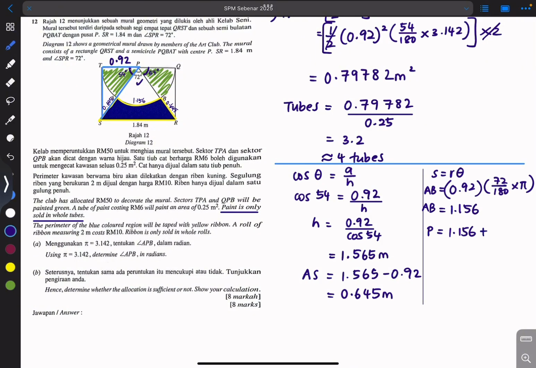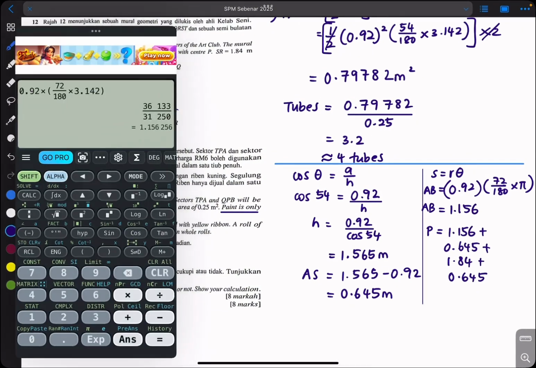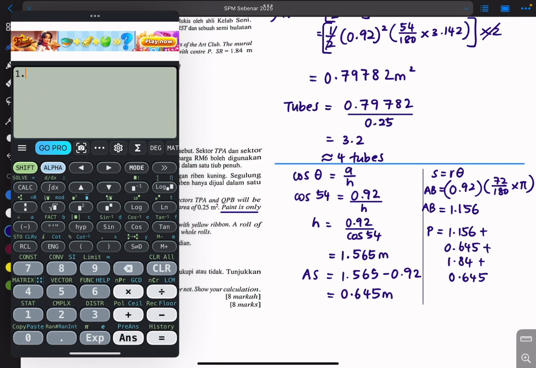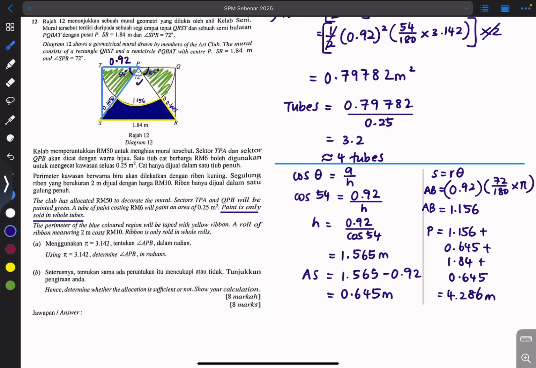So plus 0.645 plus 1.84 plus 0.645. The total perimeter is 4.286 meters.